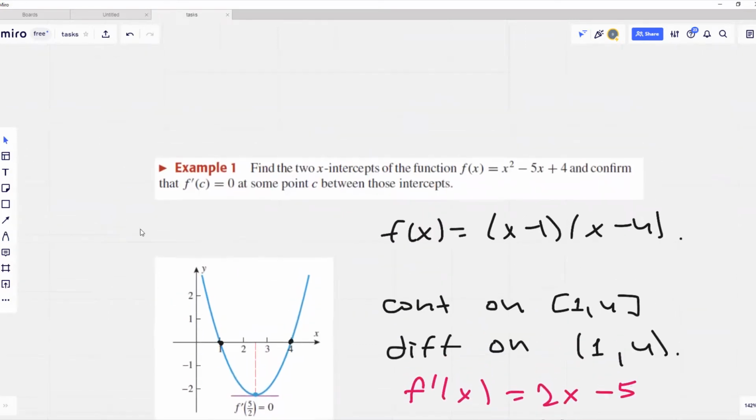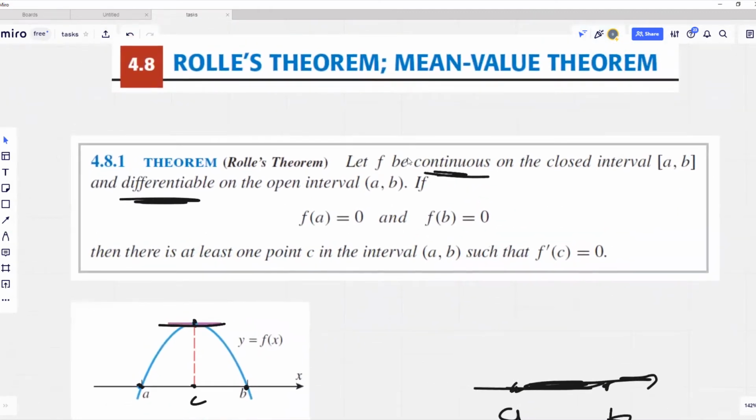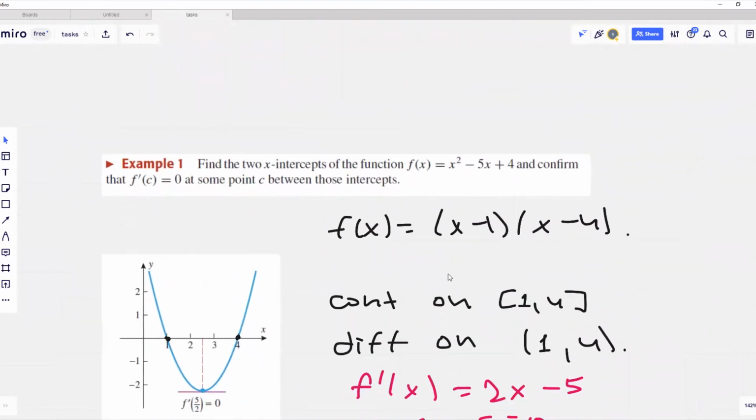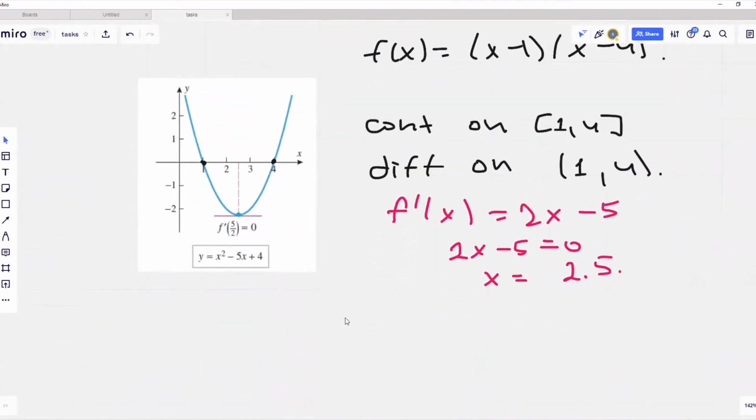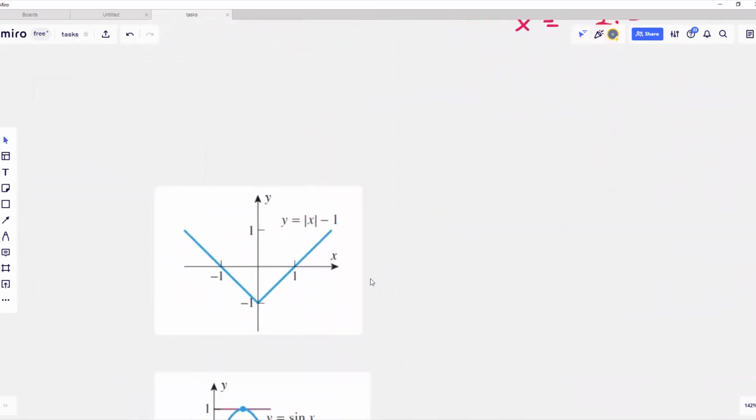Now, those two conditions that we need for Rolle's theorem, the conditions that function needs to be continuous on closed interval and differentiable on open interval from a to b, are necessary. Let's take a look what's going to happen if one of those two conditions is omitted. So in this case, we have function y is equal to absolute value of x minus 1.